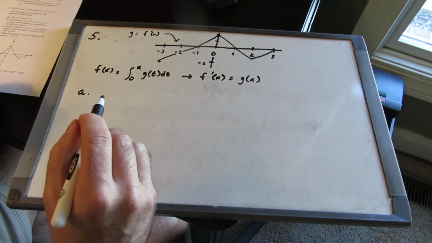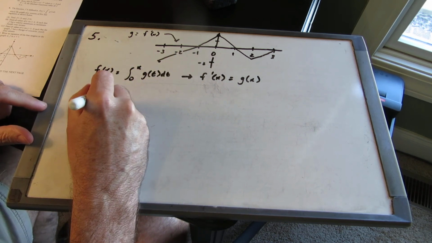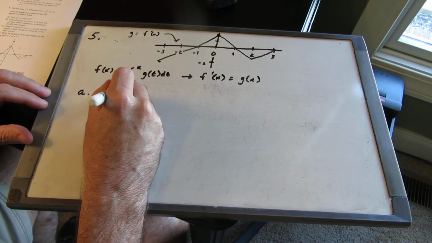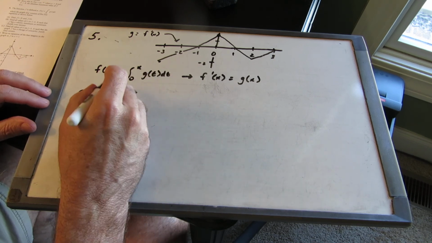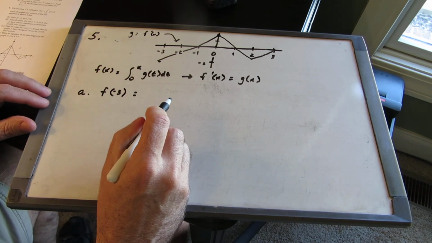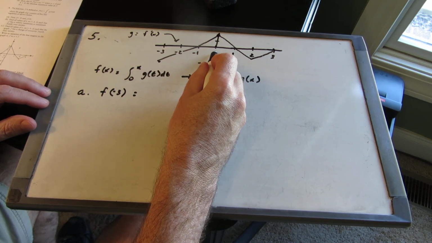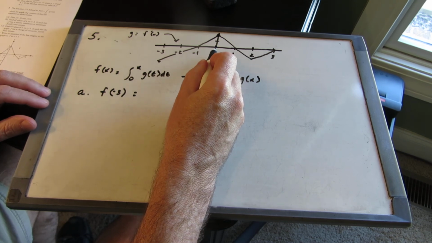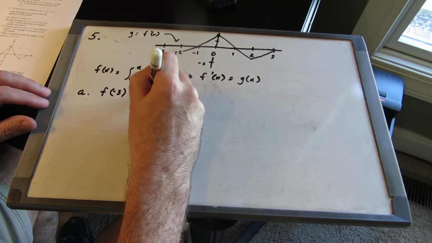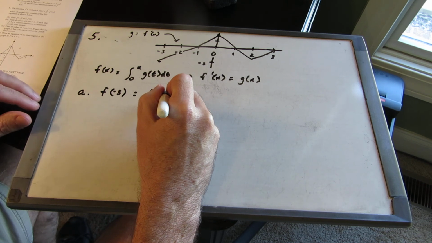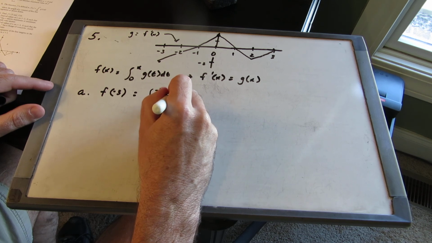Part A says find f of 3. Well, you can't just read the graph. This is a graph of f prime. So to get the original function value, f of negative 3, what you have to do is go from where you start, negative 3, to 0, so you start at 0 and you go back to negative 3, of f prime of x dx.